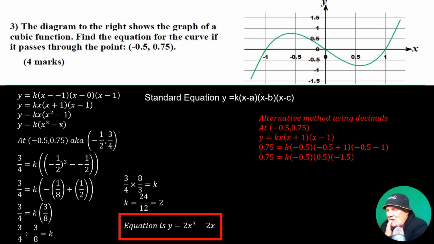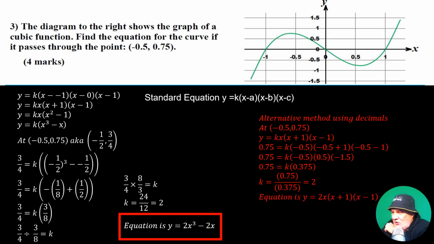Pulling all that together, we get 0.75 equals k(-0.5)(0.5)(-1.5). So -0.5 times 0.5 is -0.25, times -1.5 is 0.375, or 3/8. And so we divide both sides by 0.375, and k equals 2.